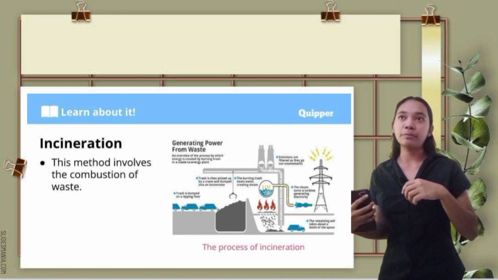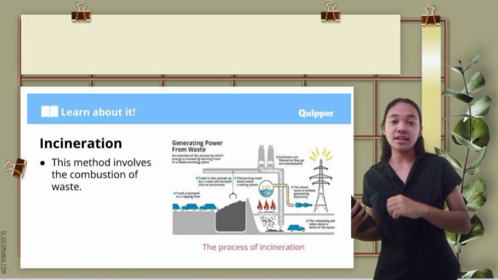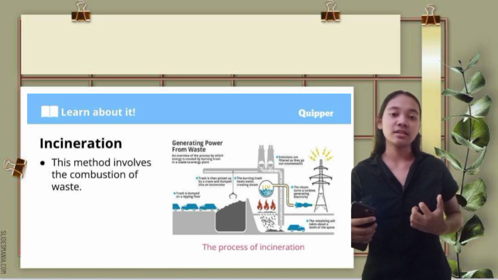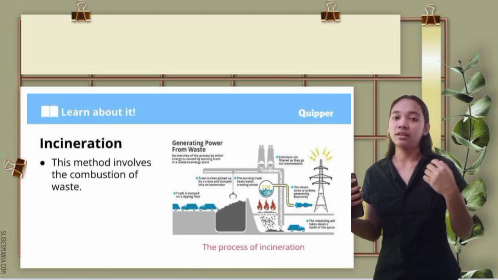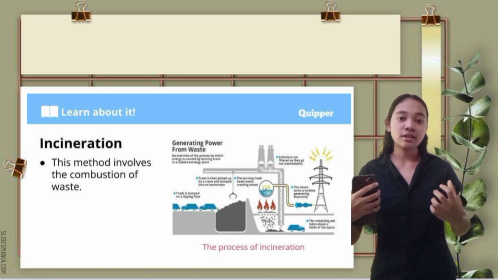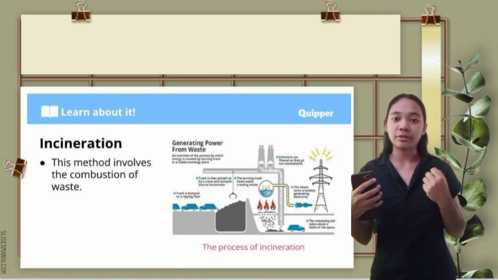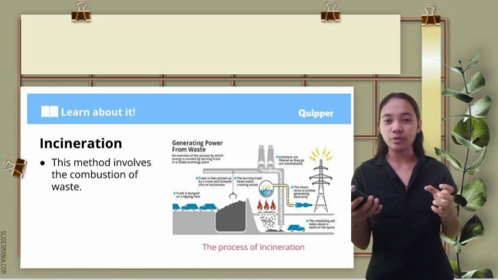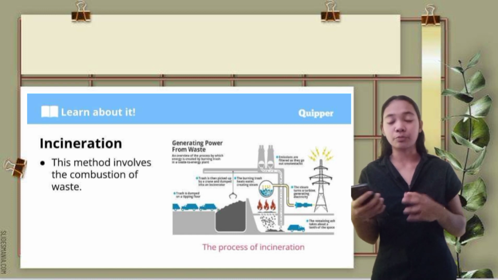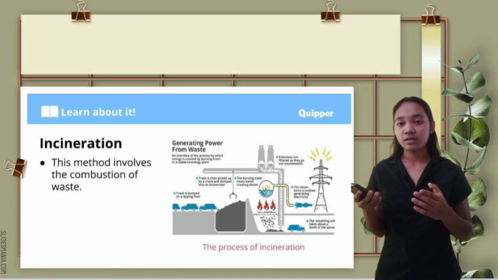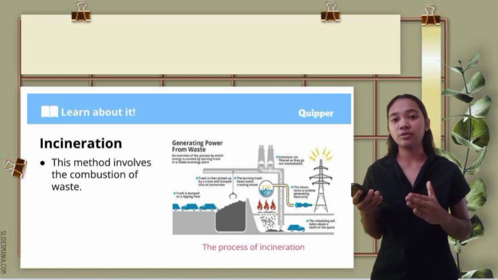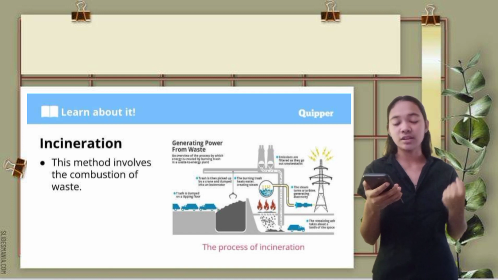In the Philippines, we don't practice that since we believe that it can harm us. It can cause pollution and lung disease for many people. But it also helps to preserve energy resources since we use waste to produce electricity in incineration.